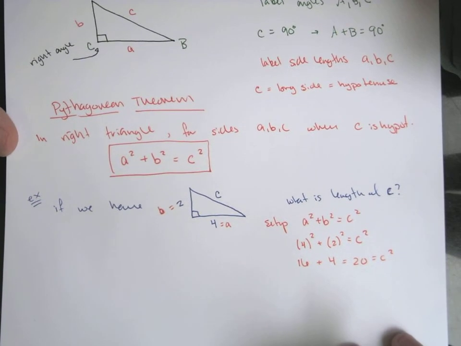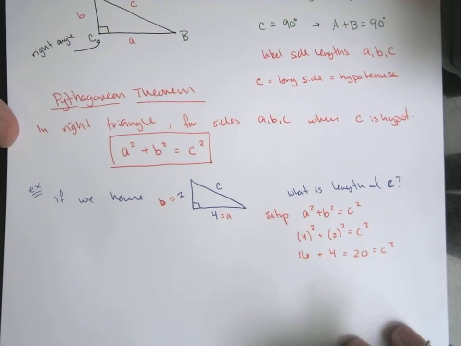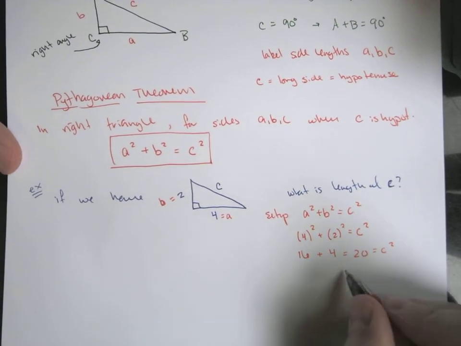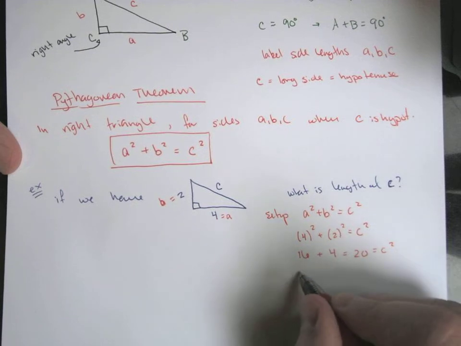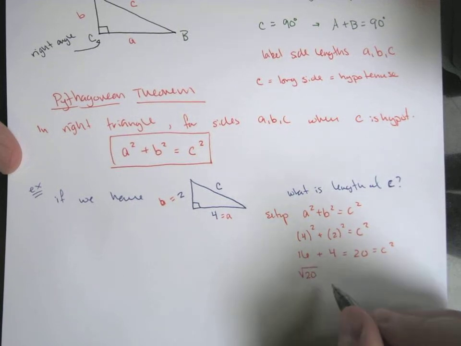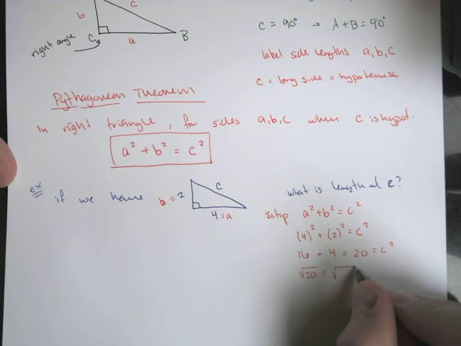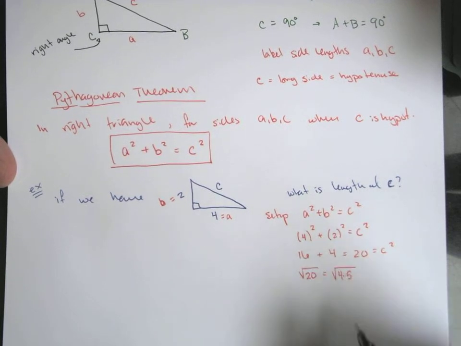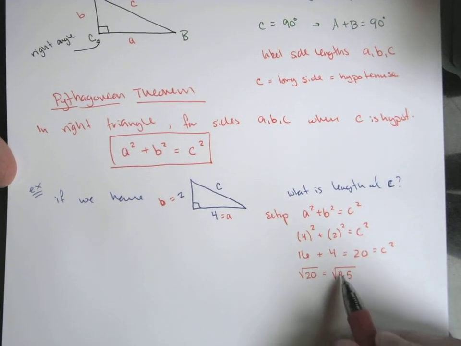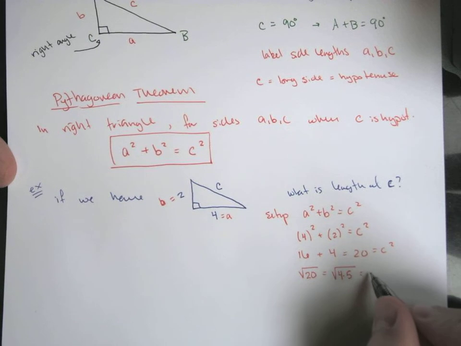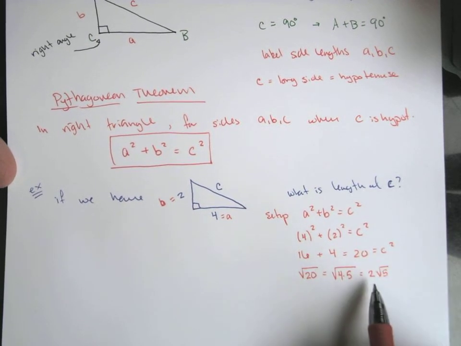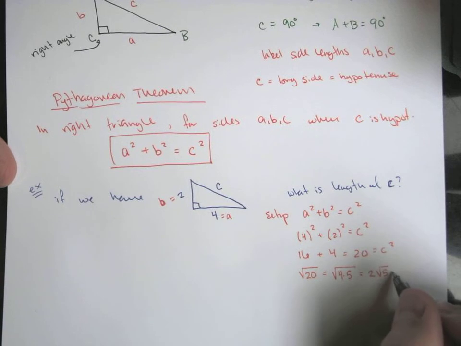So if I know that 20 is the value for C squared, that must mean that the root of 20 would be the value for C. Now, 20 is a number that I could break down. 20 would be 4 times 5, and this is useful because the root of 4 I can take. The root of 4 is 2, times the root of 5, which is just left over.